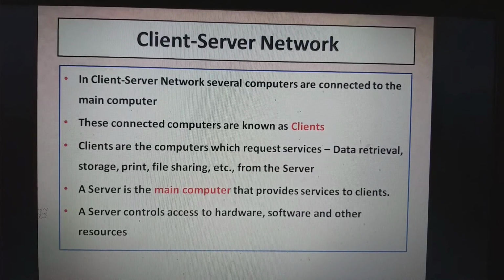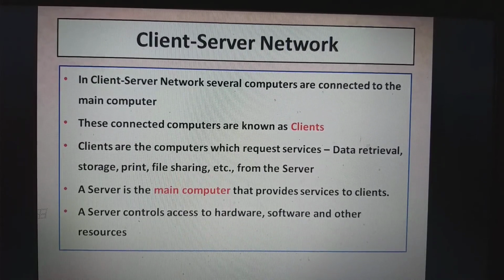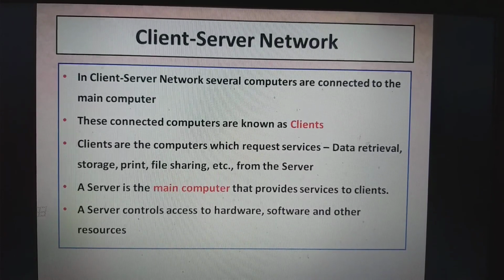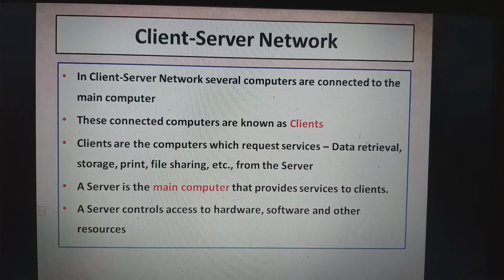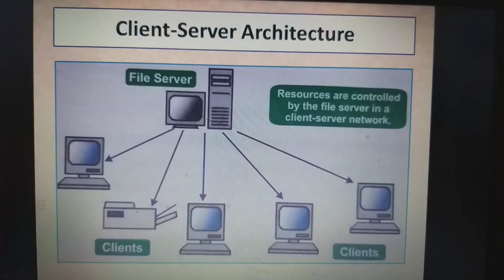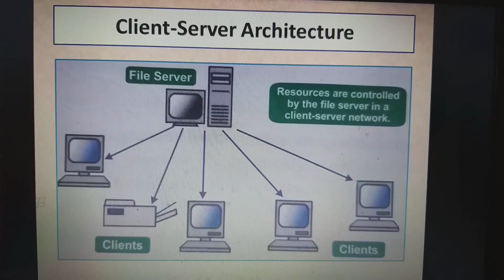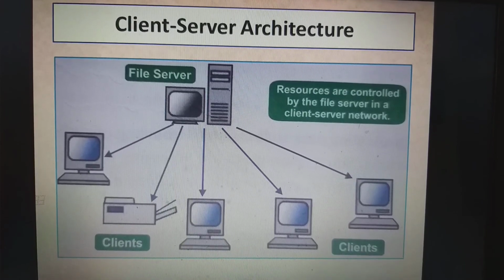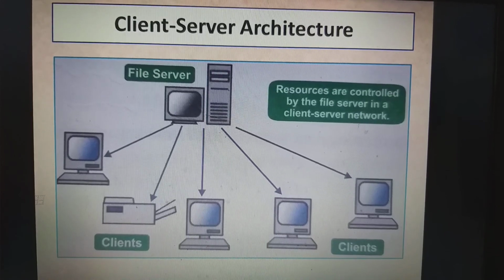A server is the main computer that provides services to clients. A server controls access to hardware, software, and other resources. In the diagram, you see four clients and a printer connected to the main file server that manages and controls resources in a client-server network.